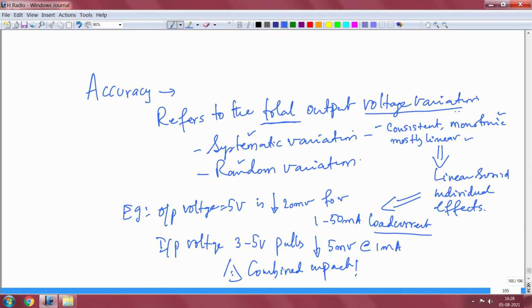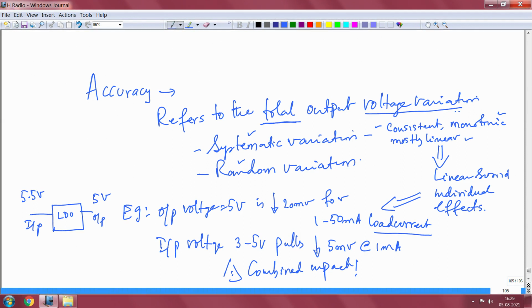Okay. Now particularly with respect to systematic variation, supposing you have an LDO. The LDO's output is 5 volts, input can be 5.5 volts as an example. So 0.5 volts is getting dropped, and this is an LDO. This is output and this is input.